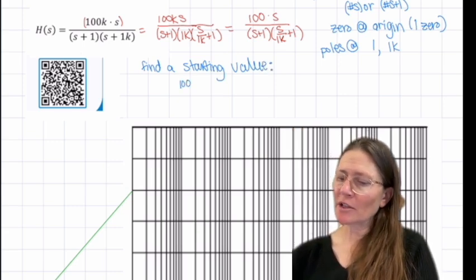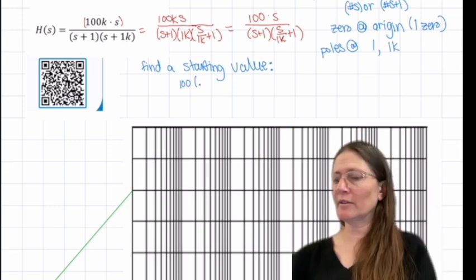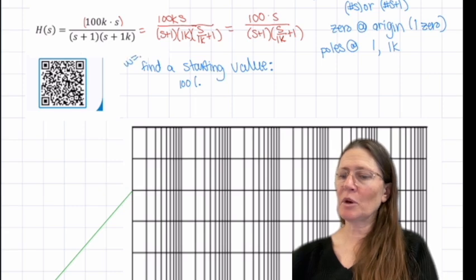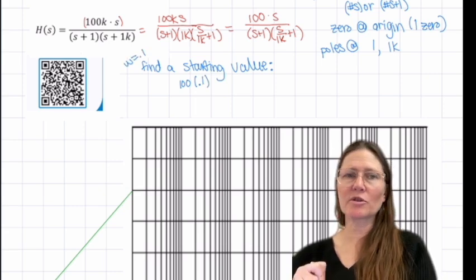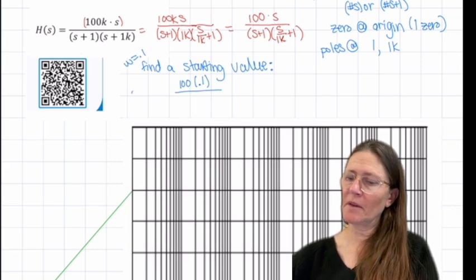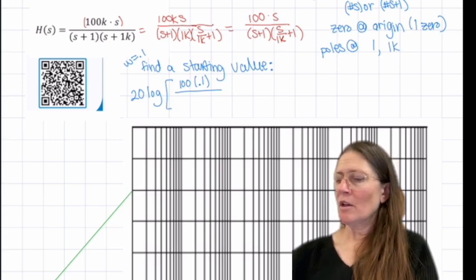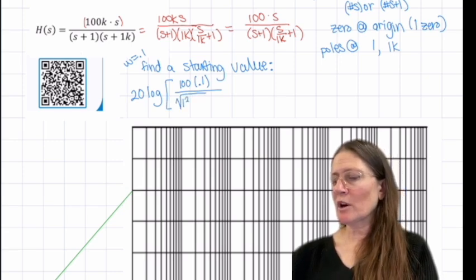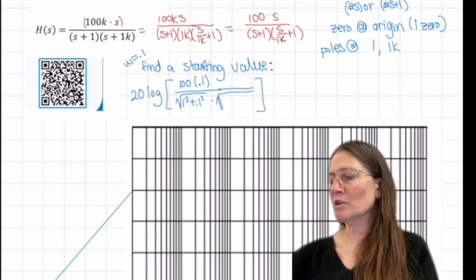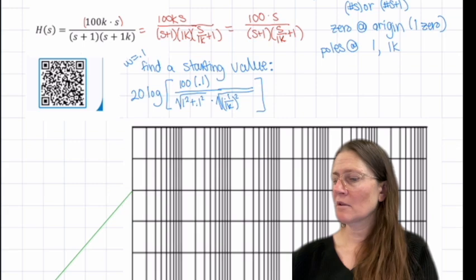Taking the magnitude of 100 and then the magnitude of s when it's at 0.1 will just be 100 times 0.1, over the square root of 1 squared plus 0.1 squared, and then the square root of (0.1 over 1K) squared plus 1 squared.